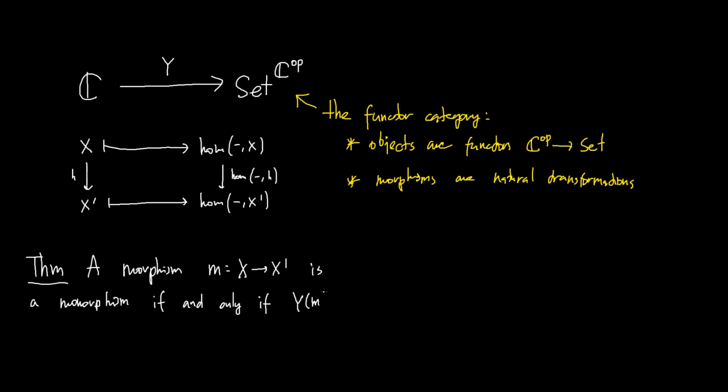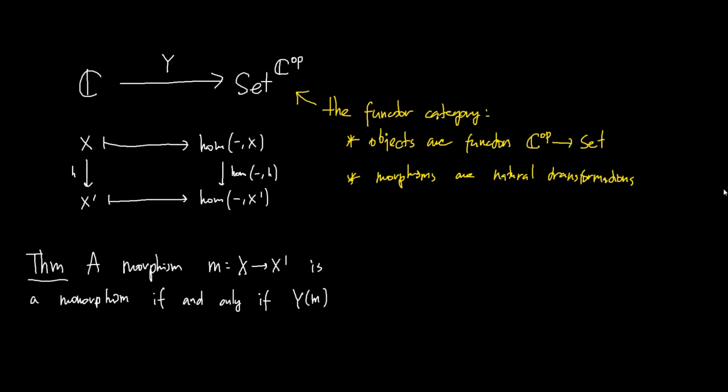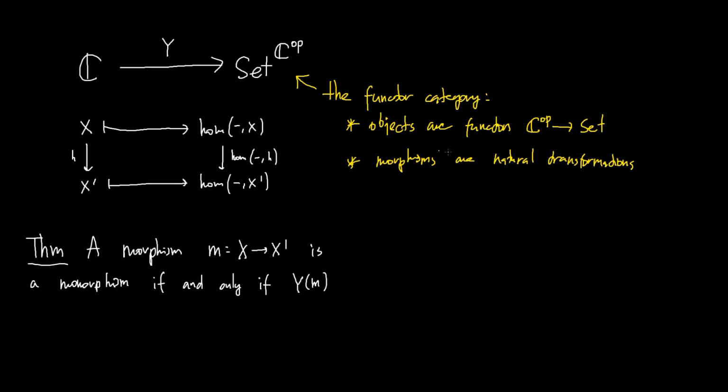the value of y at m, so this natural transformation, I want to say is an injective function, but we haven't defined what an injective function is in this category. But thinking of it as a category of variable sets, let's say that a natural transformation will be injective if each of its components are injective. So once I fix my parameter for the variable set, I want the resulting function to be injective.